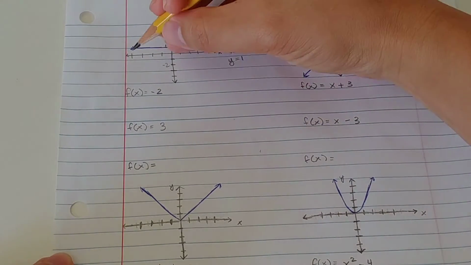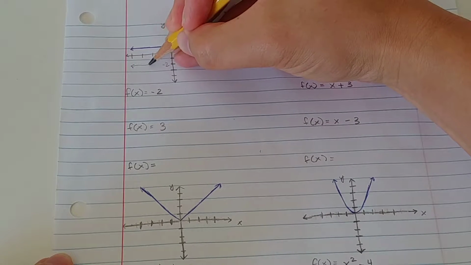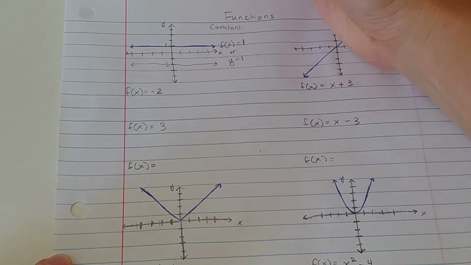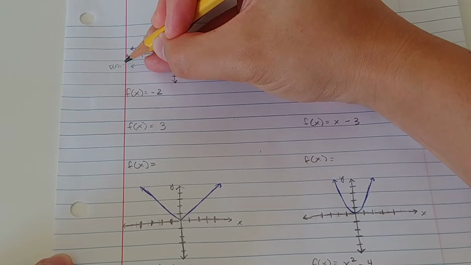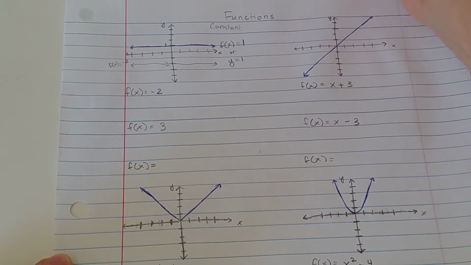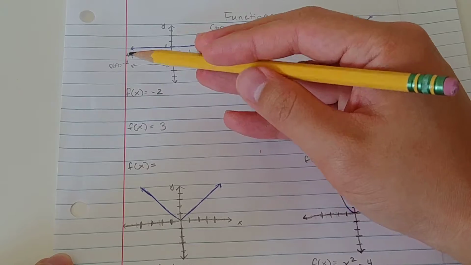And we're just going to draw a straight horizontal line. And there we go. You'll usually see the equation right next to the graph, just to let you know what the function was. So f of x equals negative 2.